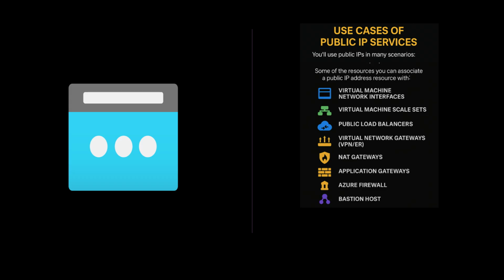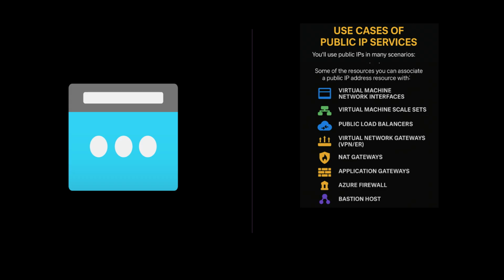For example, if you are configuring virtual machine network interfaces or virtual machine scale sets, you can assign public IPs to allow those VMs to be directly reachable from the internet, though it's essential to secure them properly. When you are deploying a public load balancer, you'll use a public IP to route incoming traffic from users to your backend pool of virtual machines.